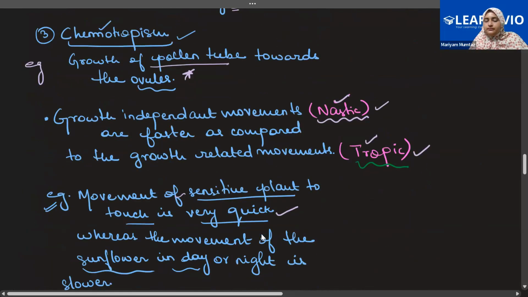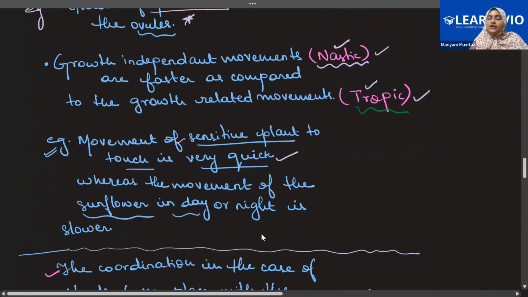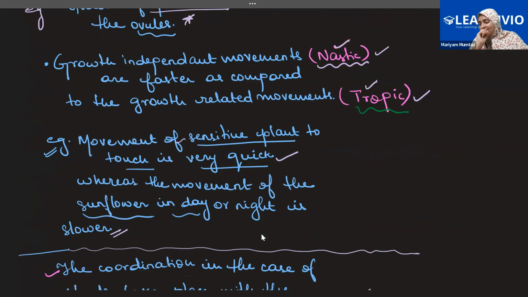Clear? With this, we have completed the chapter. The only thing left is for you to take down the notes, but the time is not there for today, so we'll do it in the next class. But tell me if you have any doubts related to this topic. It is clear, right?